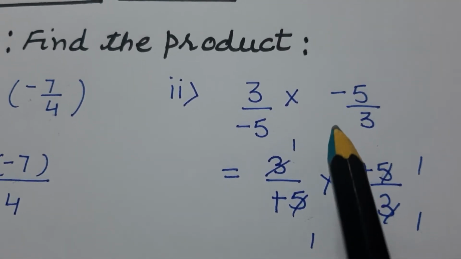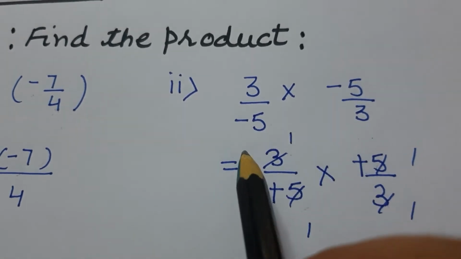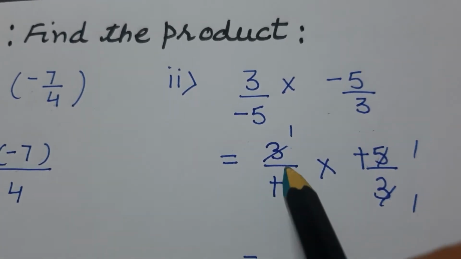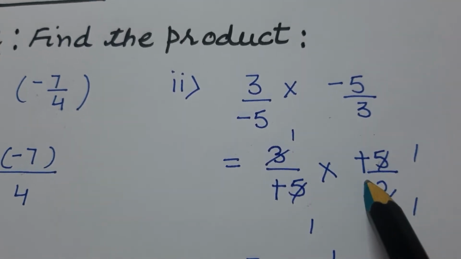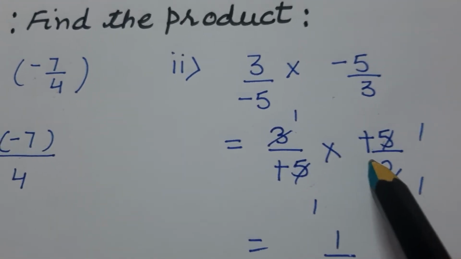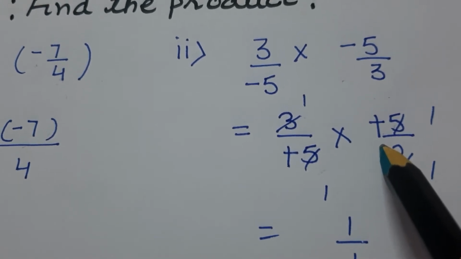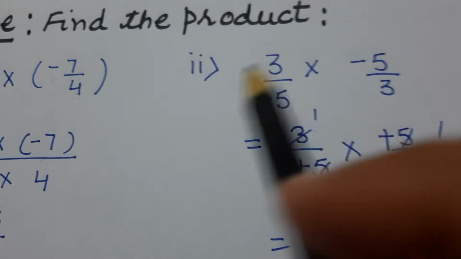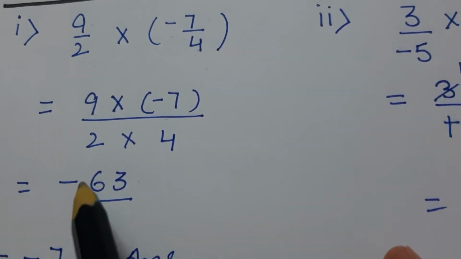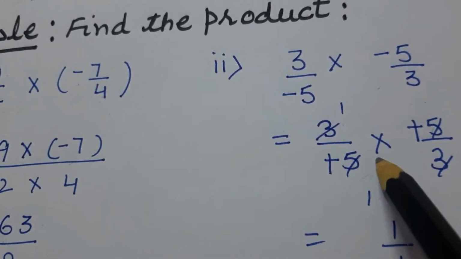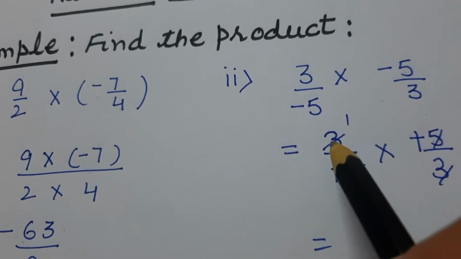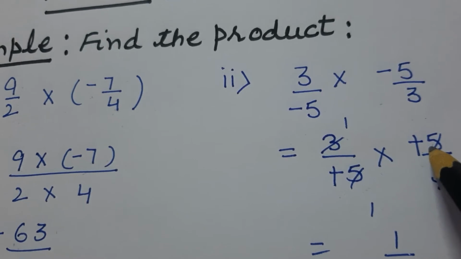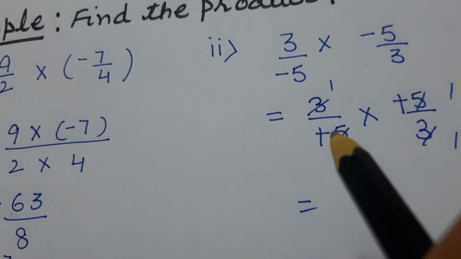Now the question is of signs. The signs are also cancelled. Two signs, minus minus, make plus. Here in multiplication, we will not look for the sign of the bigger term in the answer. If one negative sign is there, the answer will be negative, and if two negative signs are there, both will be cancelled. It means two negative signs make one positive.